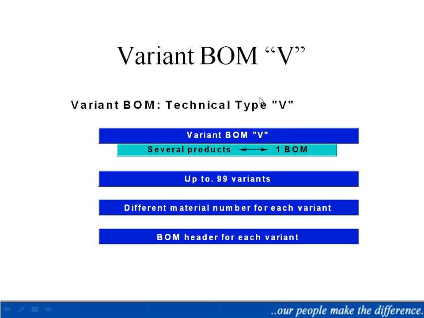People generally ask what is the technical type for variant BOM, for multiple BOM, for a simple BOM. For a given variant you can have 99 variants, because it is a 2-digit code.